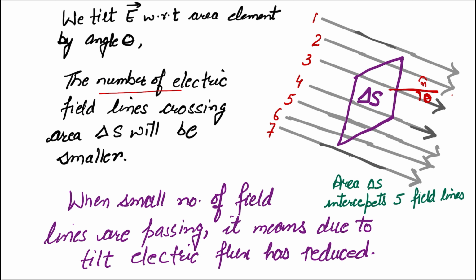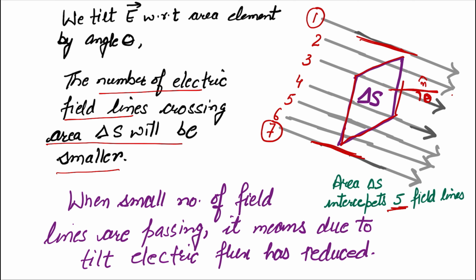The number of electric field lines crossing the area delta S will be smaller, because if you look there, the field line number 1 and the field line number 7 are not intercepting the area delta S. They have crossed away from delta S. So only 5 lines are intercepting the area delta S, starting from number 2 to 6: 1, 2, 3, 4, 5. Only 5 lines are crossing the area element delta S, right?